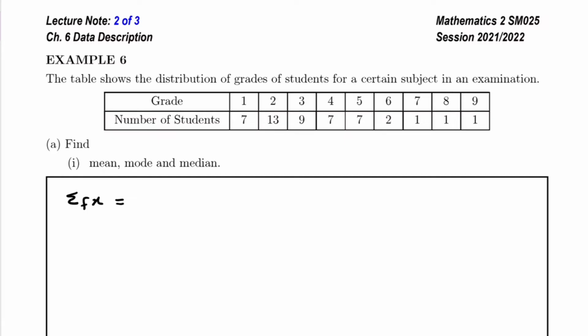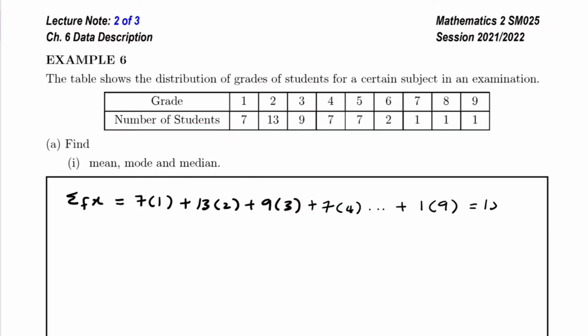To find mean, we need to find the total of f times x first. So it's going to be 7 times 1 plus 13 times 2 plus 9 times 3 plus 7 times 4 and so on plus 1 times 9. So the answer is 159.